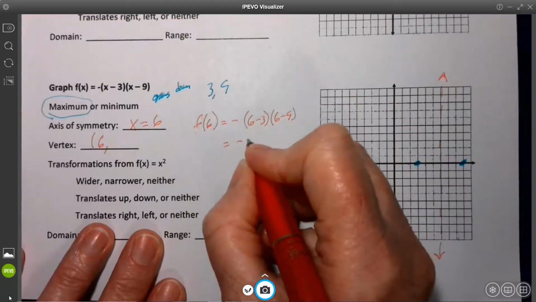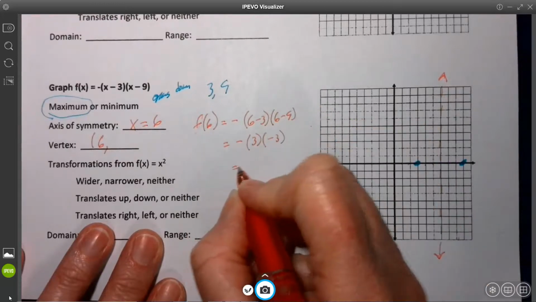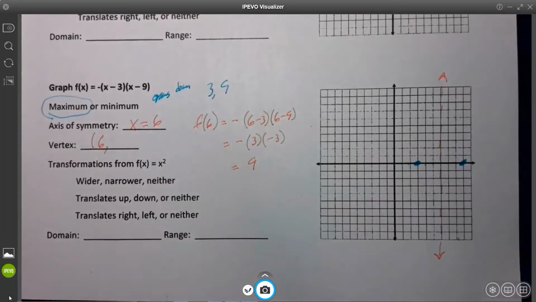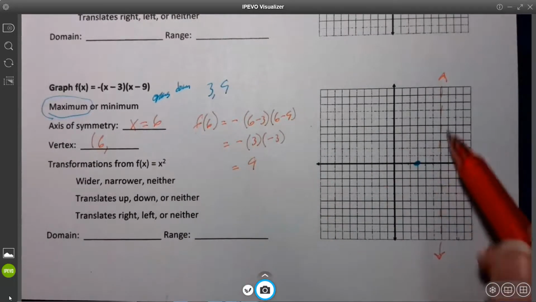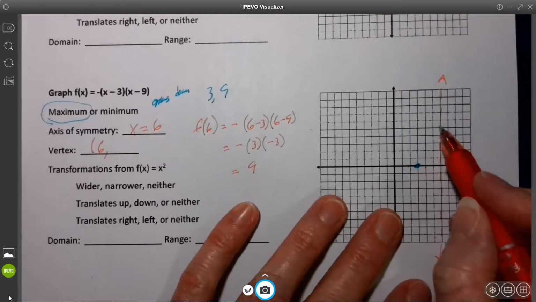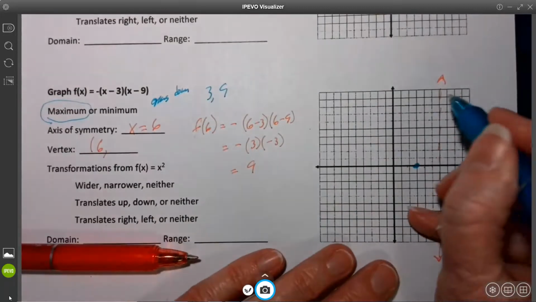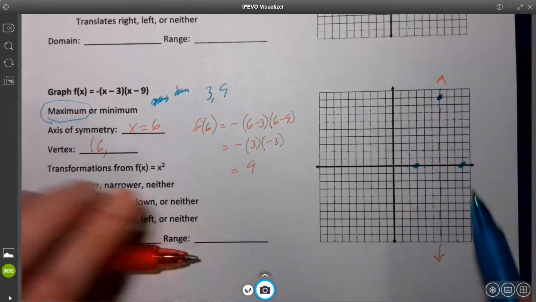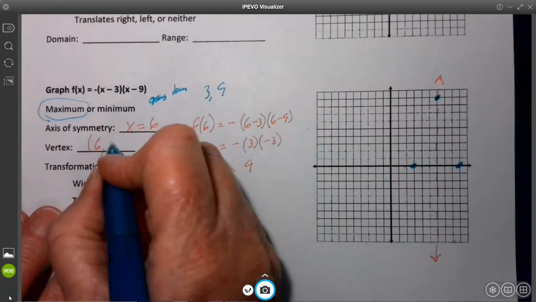Don't forget that negative. So it's going to be 9. So our vertex is way up here. 1, 2, 3, 4, 5, 6, 7, 8, 9. Okay. There's my vertex.